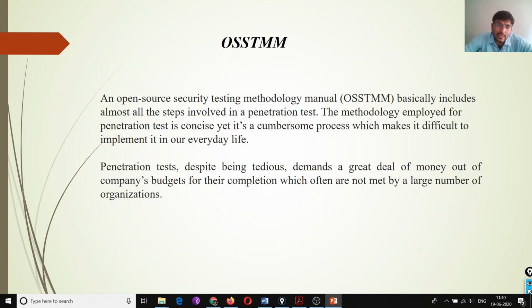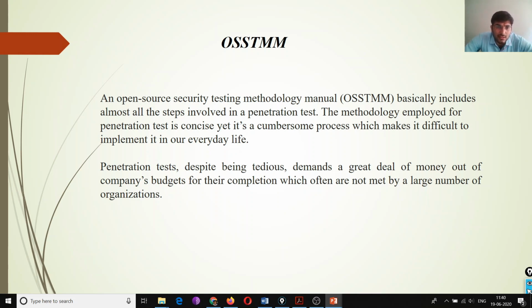So that's why they need to do penetration testing at least once a year, or twice a year. It depends on what changes they are having in the organization, right? If there is a big change in the organization, then definitely they need to perform penetration testing after that change. So this is actually the purpose of how we use penetration testing.